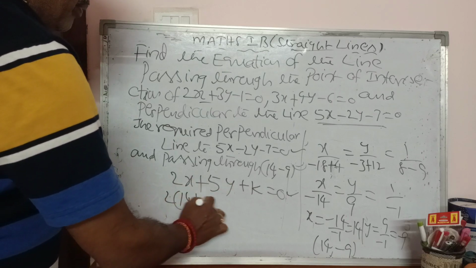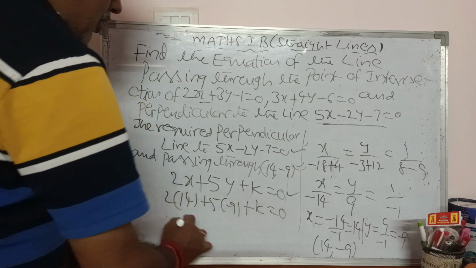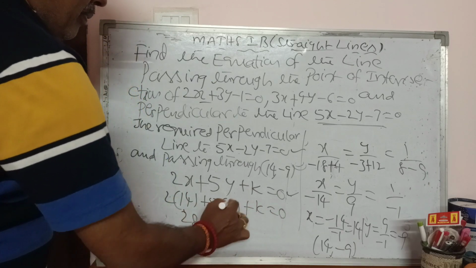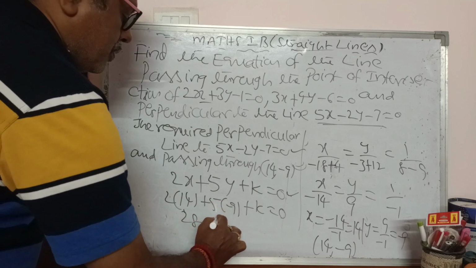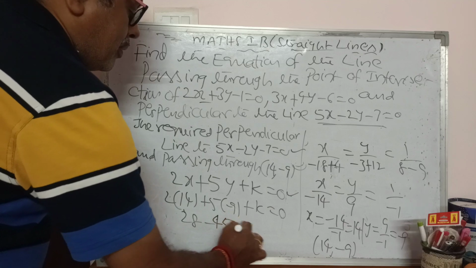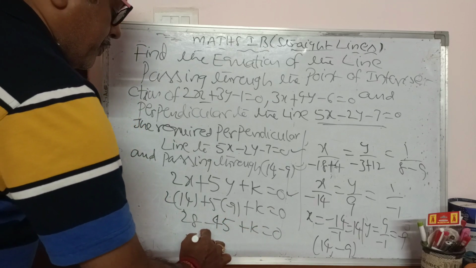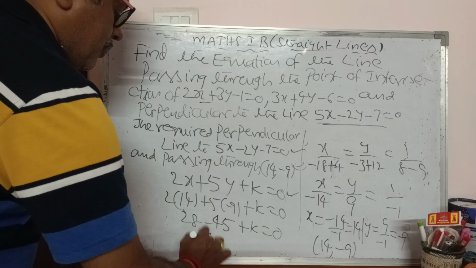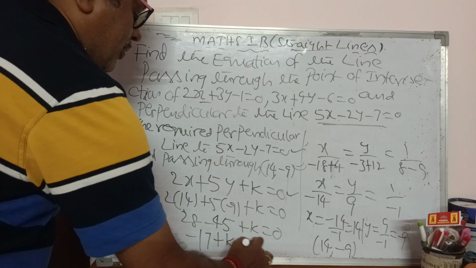2 into 14 plus 5 into minus 9 plus k equals 0. 28 minus 45 plus k equals 0. Therefore minus 17 plus k equals 0.